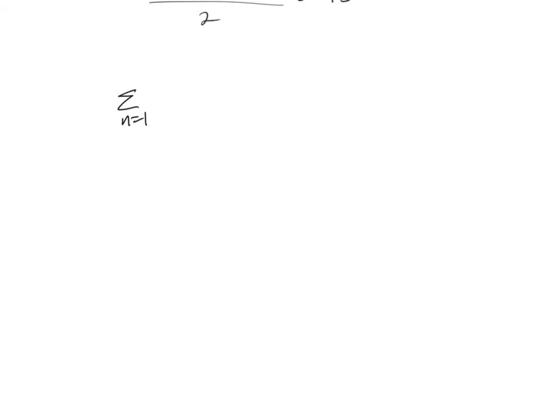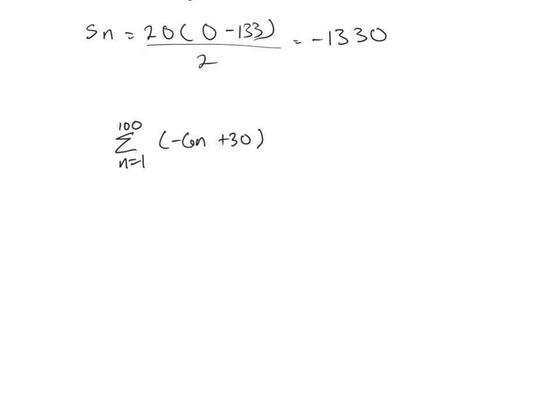One last example. Let's say we are given a summation written like this: n equals 1 all the way up to 100 of -6n plus 30. Well, this isn't so bad. We can always find it with our formula. Just rewrite our formula again: S sub n equals n divided by 2 times a sub 1 plus a sub n.